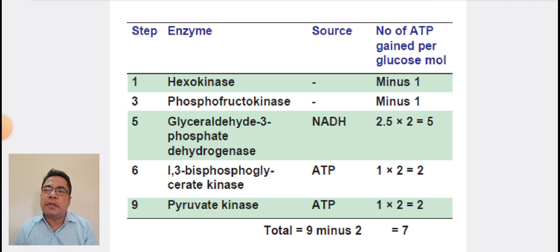On the other hand, glyceraldehyde 3-phosphate dehydrogenase generates 5 ATP. Step 6 1,3-bisphosphoglycerate kinase generates 2 ATPs, and step 9 contains pyruvate kinase which generates 2 ATPs. Thus, total 9 minus 2 is equal to 7 ATPs are produced in case of aerobic glycolysis.